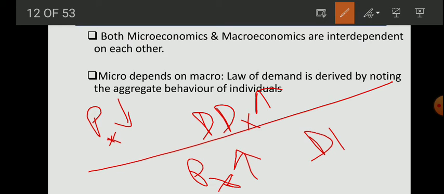At that time demand for X will decrease. Okay. So law of demand says that if the price of any commodity increased, considering the fact that other factors are constant, then demand for that commodity will decrease, and vice versa. That means if price of that commodity decreased, then demand will increase, okay.